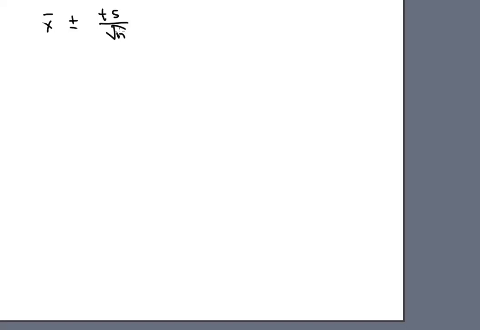So I know that my x bar is the average, the s is my standard deviation, the t comes from the student t chart, and the n is the number of measurements. I like to write that over to the side because the more I write it, the more I will understand it, and the quicker I will learn it.